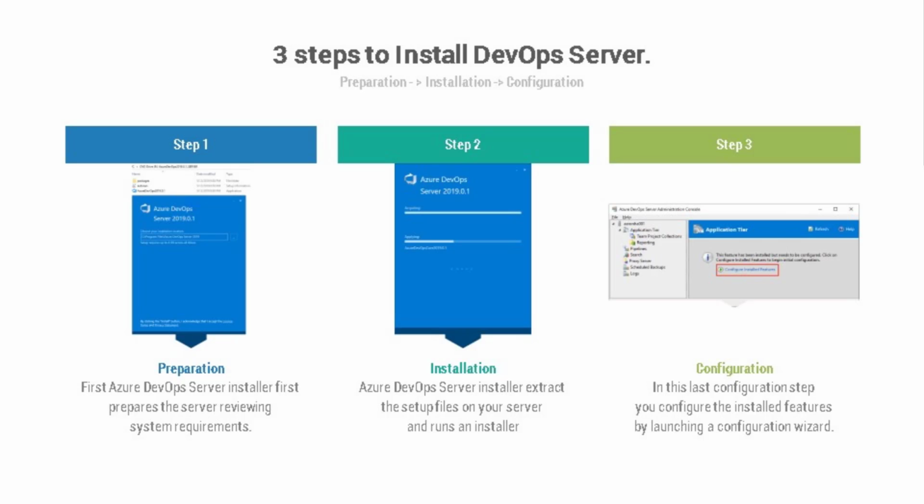In this last configuration step, you configure the installed features. Basically, you launch a configuration wizard. If you have closed it, you can relaunch it by clicking Azure DevOps Admin Console from the Start menu.